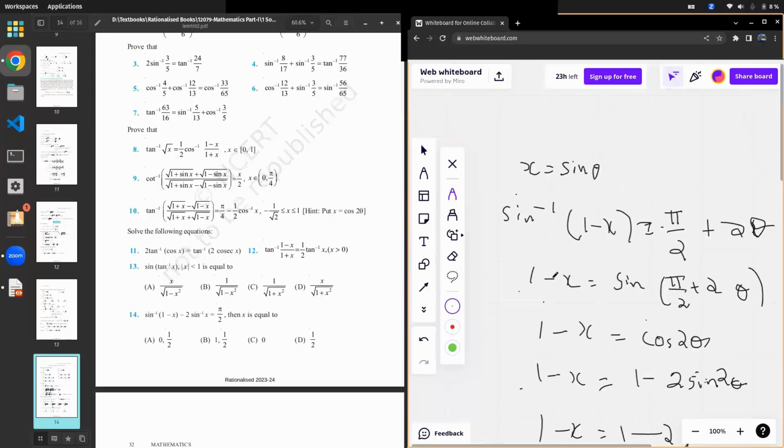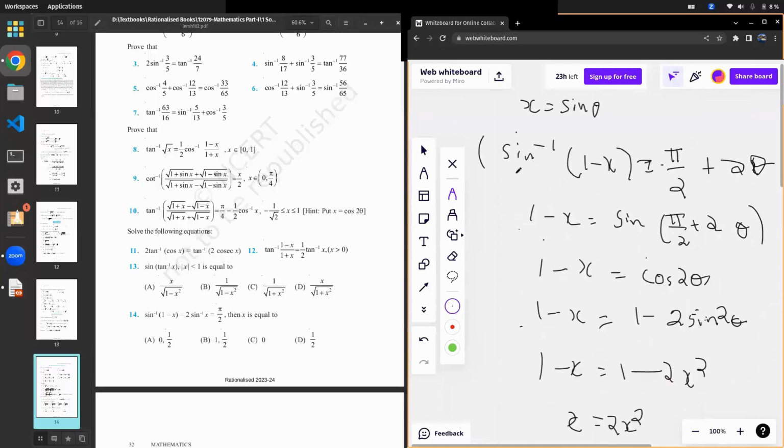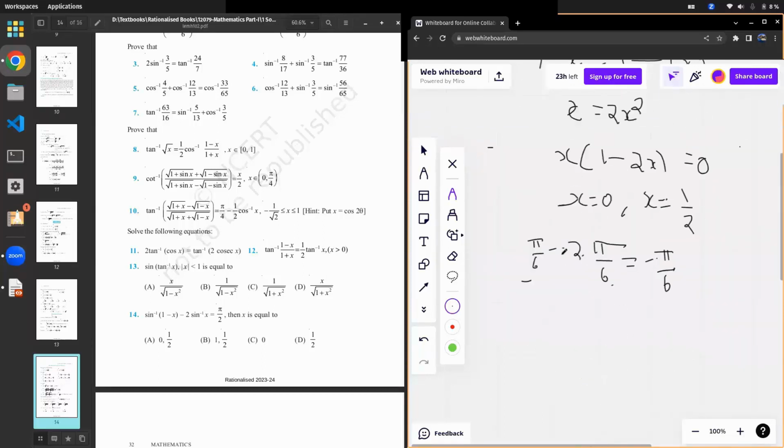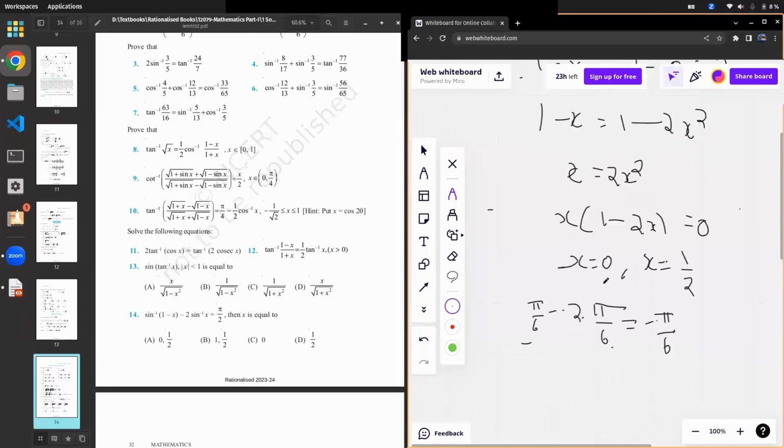Here we have applied sine on both sides, but sometimes sine of sine inverse of (1 minus x) may not be equal to 1 minus x. So we have to check whether our solutions are matching the equation. Here 0 is matching the equation, but x is equal to half is not matching the equation.